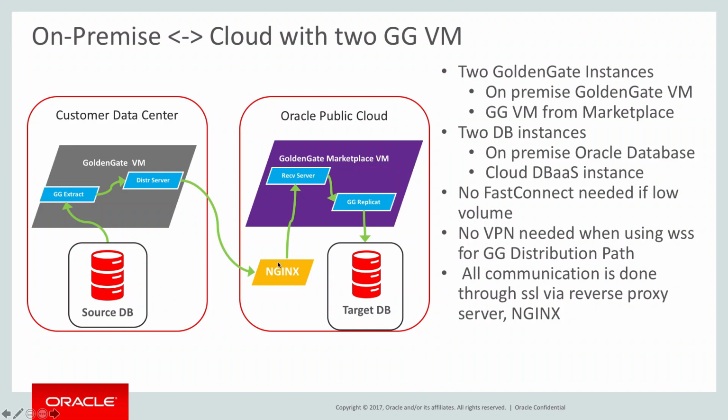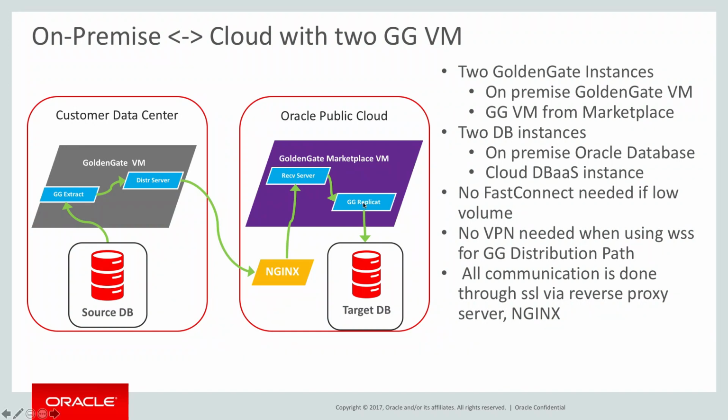To make this work, because Nginx is using SSL, you have to make sure your distribution server has a client certificate. And also, you need to add the certificate Nginx is using into the wallet of the client certificate that the distribution server is using, so this distribution server can trust Nginx when they start the SSL handshake.